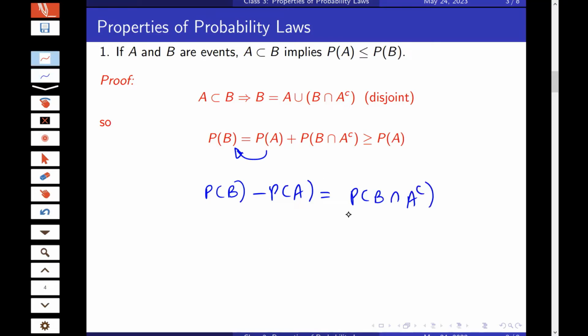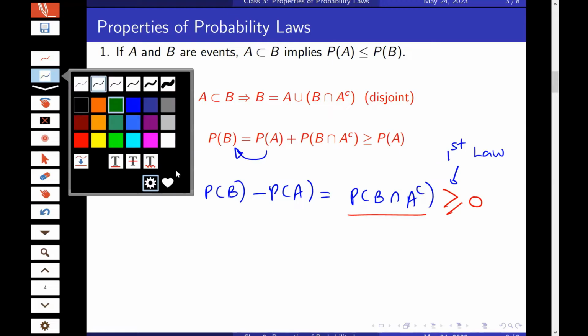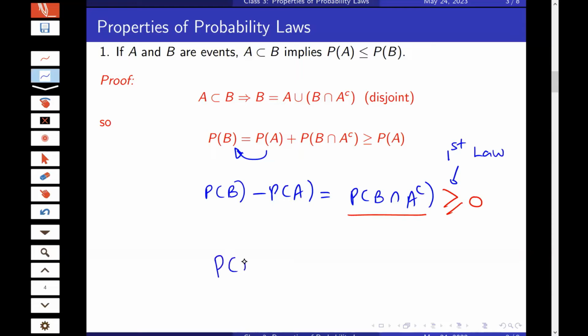See this one, this is a probability, so it should definitely be greater than or equal to 0. This follows from the first law: probability is always greater than or equal to 0. If the right hand side is greater than or equal to 0, the left hand side is also. So P(B) minus P(A) is greater than or equal to 0.